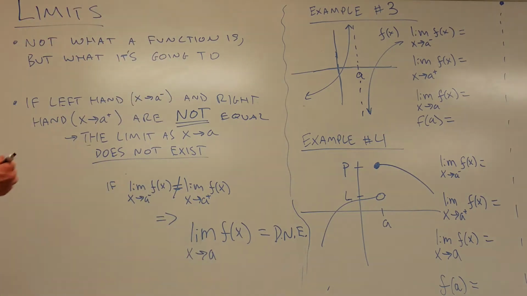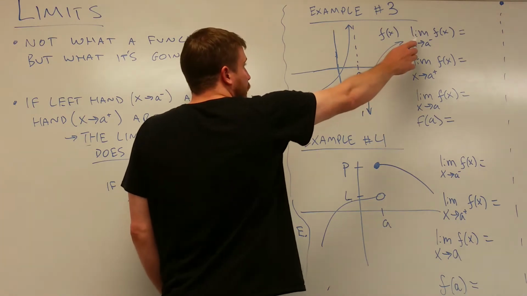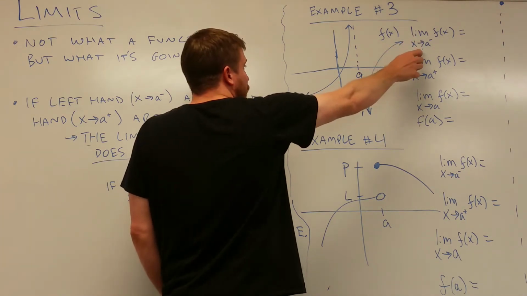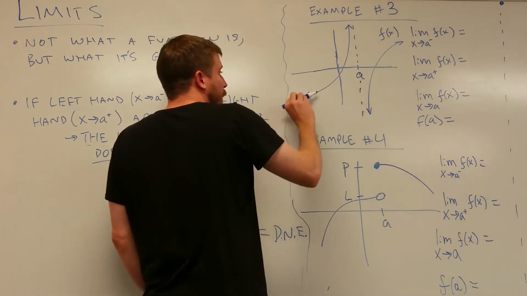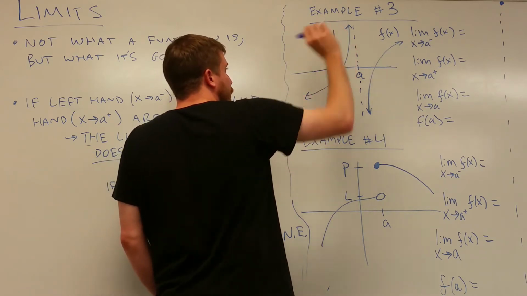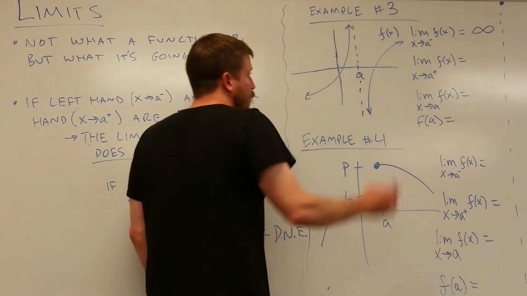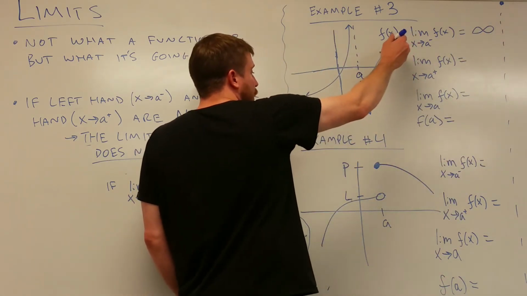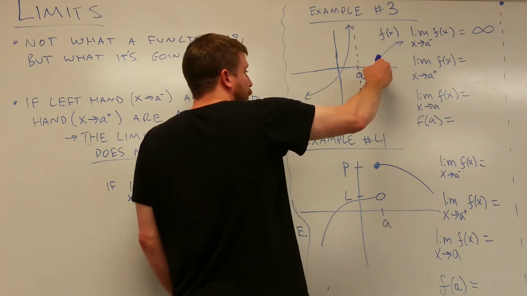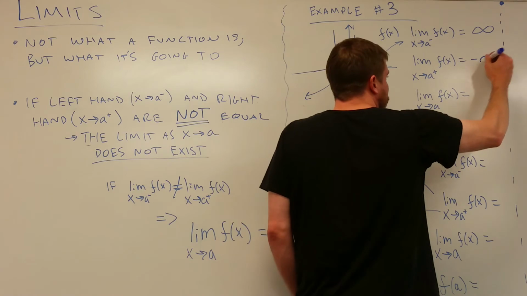Okay, so if you've tried to solve these, let's look at this case. We look at the limit of the function as x approaches a from the left. As we come into a from the left, the function is getting closer and closer to positive infinity. As we approach a from the right, the function is going further down, heading towards negative infinity.